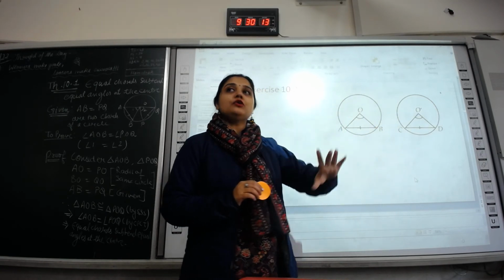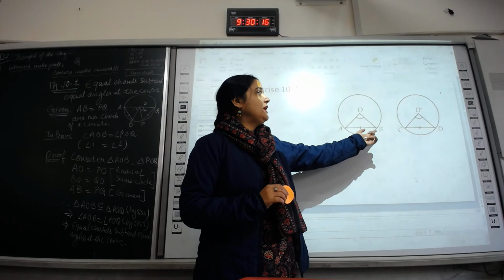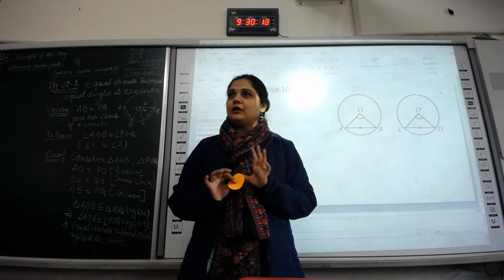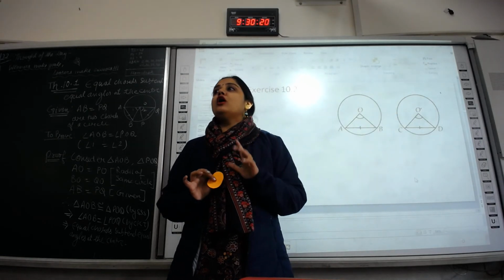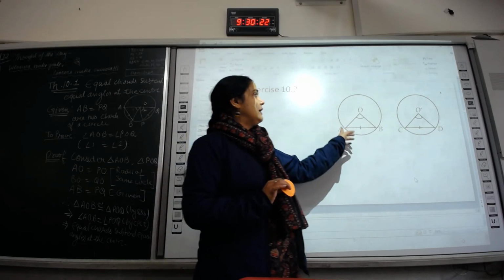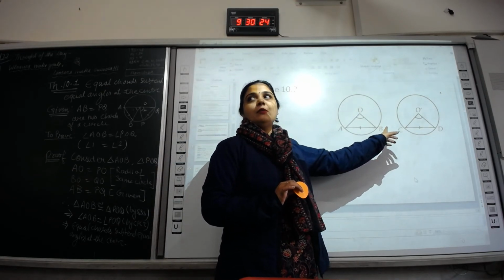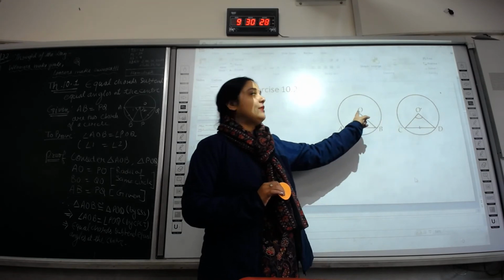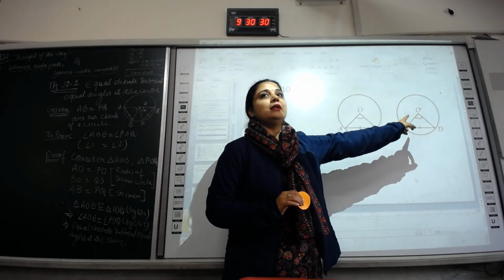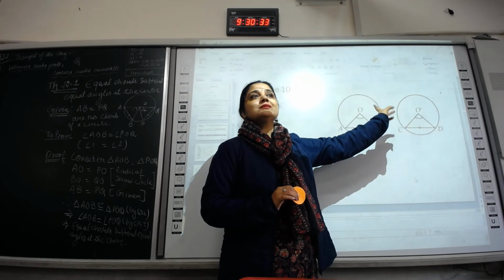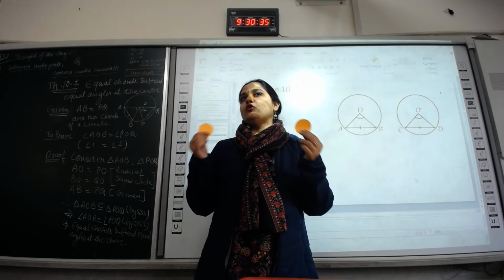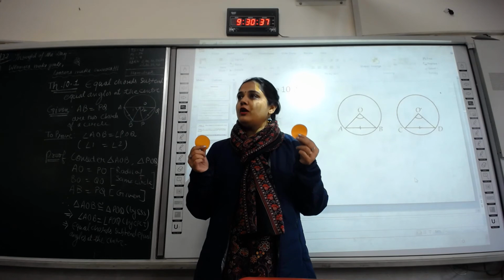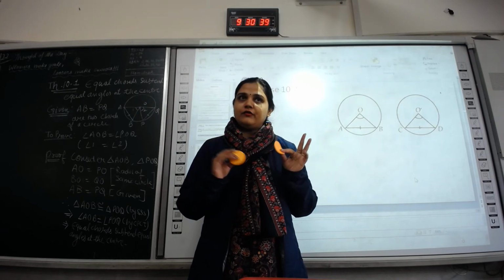That means it is given to you indirectly that AB is equal to CD. Is it clear to everyone? You all need to prove that angle AOB will be equal to angle CO'D. See, here I am writing O, there I am writing O', because centers could be different in two congruent circles. Alright? Is it clear to everyone?